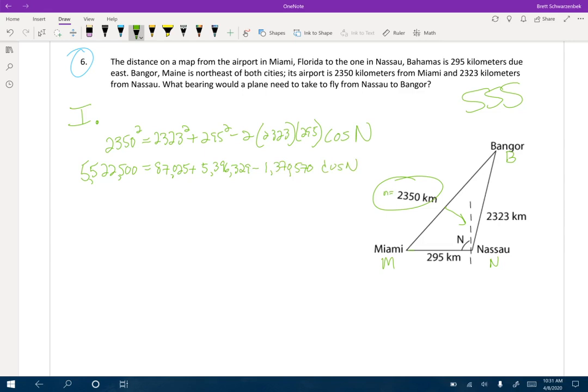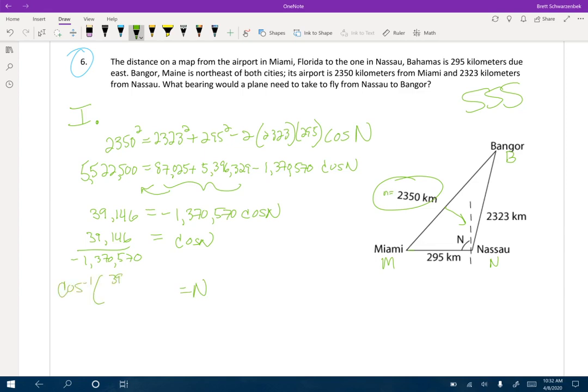If we add these two together and subtract them this way, we're going to get 39,146 on the left, and we're going to be left with just the negative 1,370,570 cosine n on the right. Therefore, the only thing left to do is to divide both sides by the negative 1,370,570, so we're going to get 39,146 over negative 1,370,570. And in order to find n, we have to do the cosine inverse on this side of this crazy fraction of big numbers.